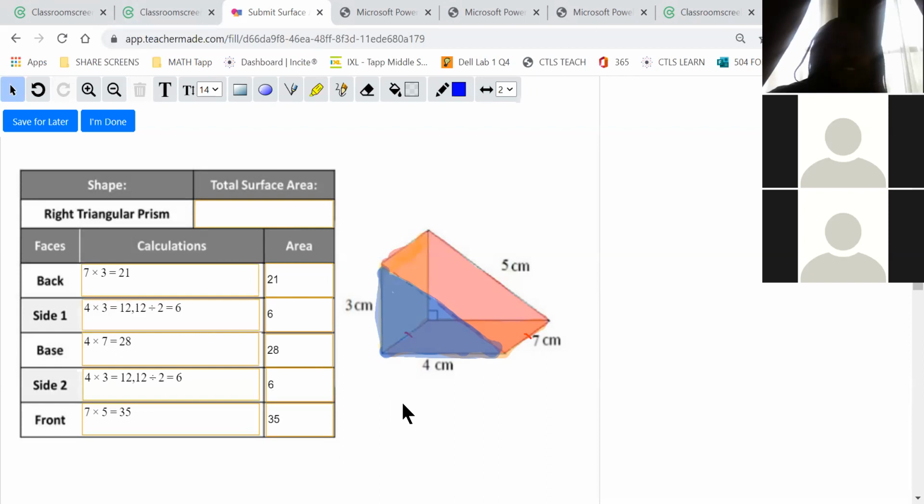So we have found all of the areas of these faces. So now it's time for us to add all of these together. So 21 plus 6 plus 28 plus 6 plus 35. And we have a total of 96.